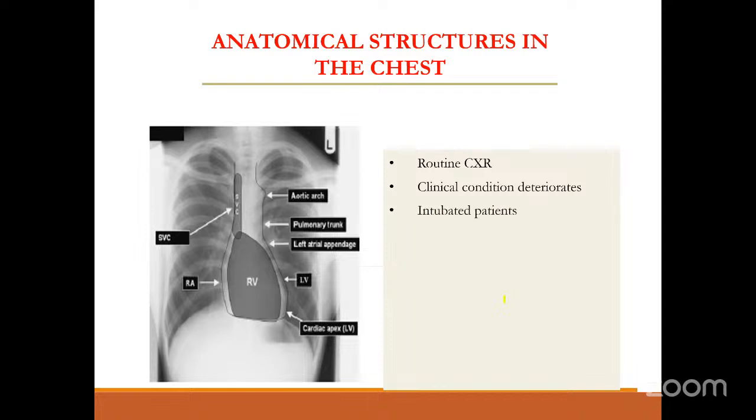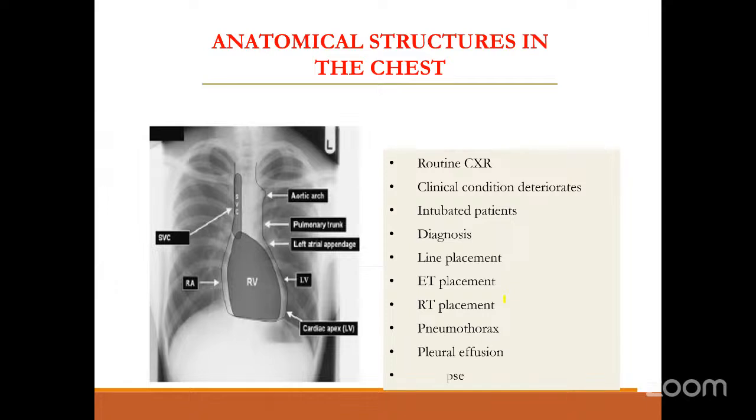If we have done procedures like just intubating him, placing a central line, or placing a Ryle's tube, we look at the position of these tubes, or assess the volume status, like whether the patient has pleural effusion, pulmonary edema, or a pneumothorax. All these are the common reasons why X-rays are frequently done in ICUs, because in high-acuity care all these become part of the care. So we all need to be aware of what's happening in the chest.